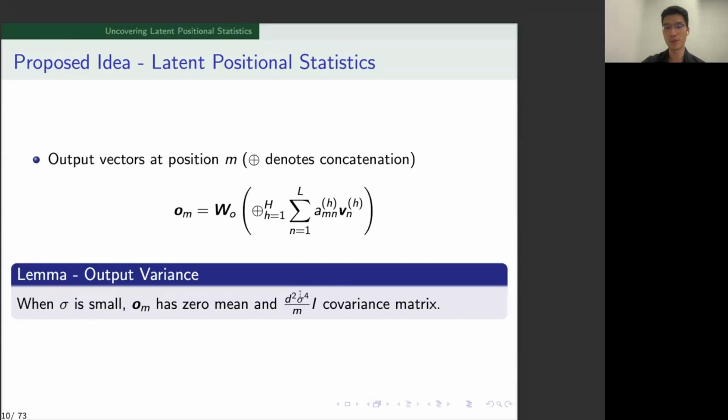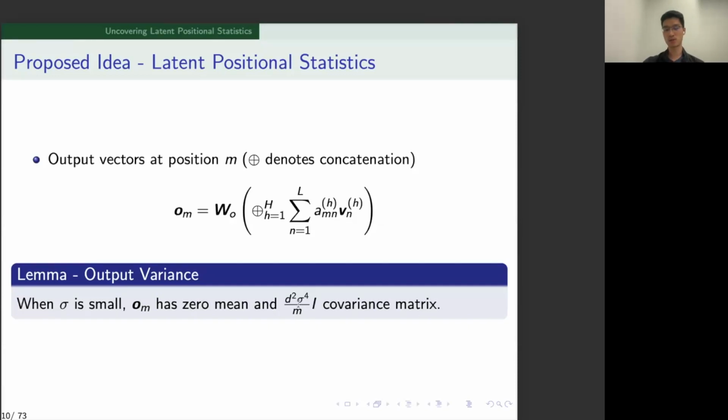The covariance matrix looks like this: in the numerator, we have d squared times sigma to the 4th power, and in the denominator, we have m. Here d is the hidden dimension of the transformer language model, sigma is the standard deviation we use to initialize all the parameters, and m is the current position index. So m is something like 1, 2, 3, all the way to 512. And I is just an identity matrix.